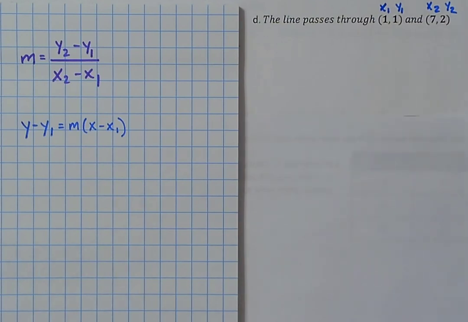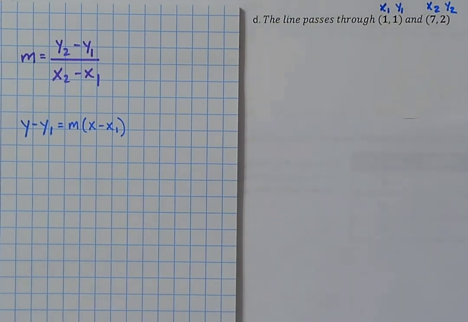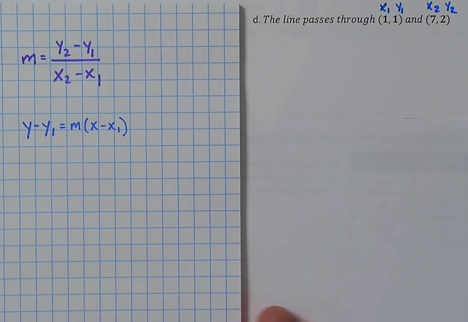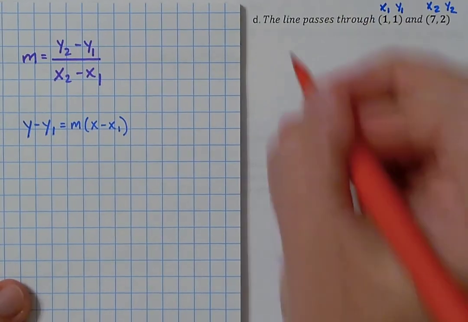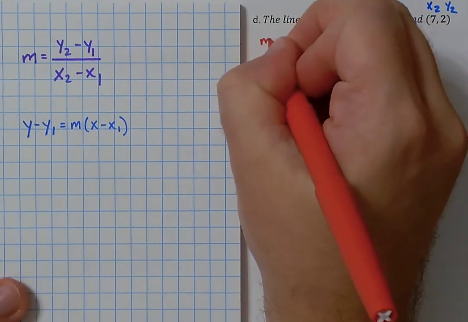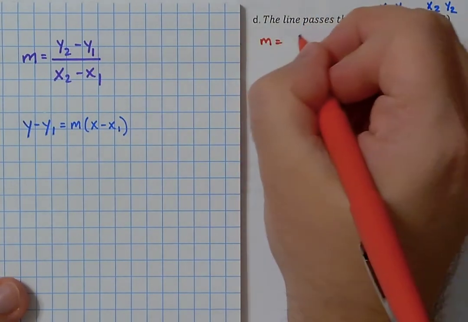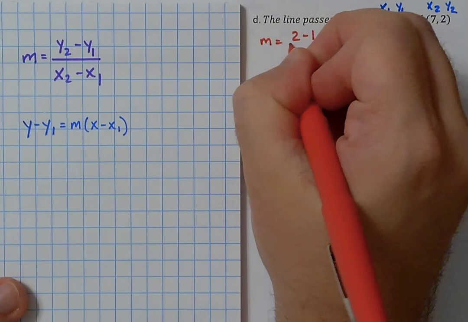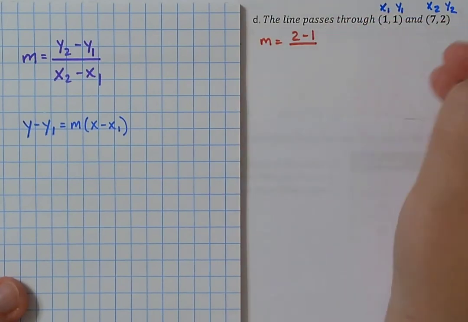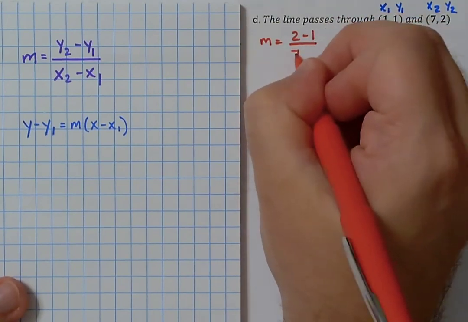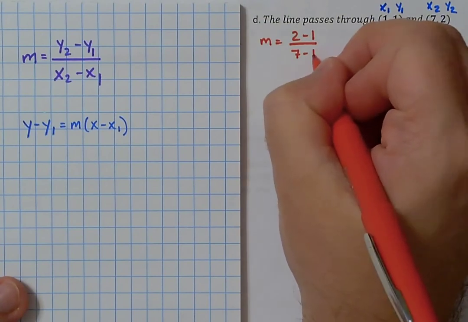Now that I have identified these, your first step when they give you 2 points is to always find your slope first. So m equals y2 minus y1, so 2 minus 1, over x2 minus x1, so 7 minus 1.